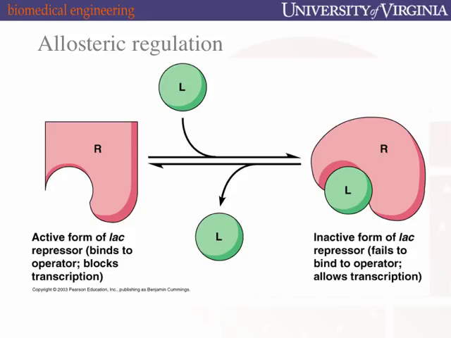It recognizes the operator and inhibits the operon. However, when cellular lactose is around, it binds to the LAC repressor. That LAC repressor undergoes a conformational change, an allosteric change, that then prevents the LAC repressor from serving a repressive function, no longer can recognize and bind to the operator. And then you'll see what the consequences are of that here.